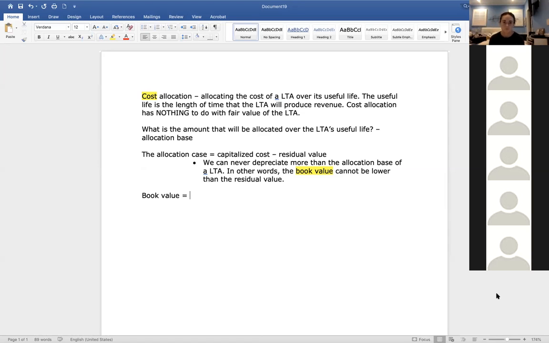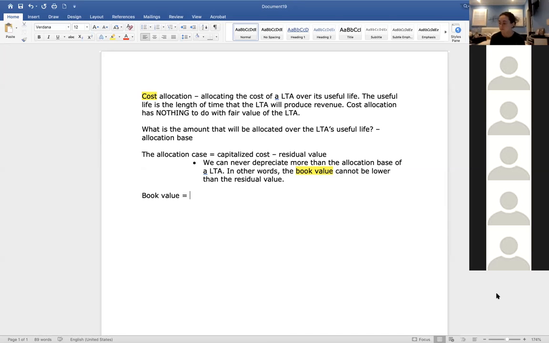So what would be my formula for book value? The amount that it's reported in the general ledger or on the balance sheet at. This is cost minus accumulated depreciation.